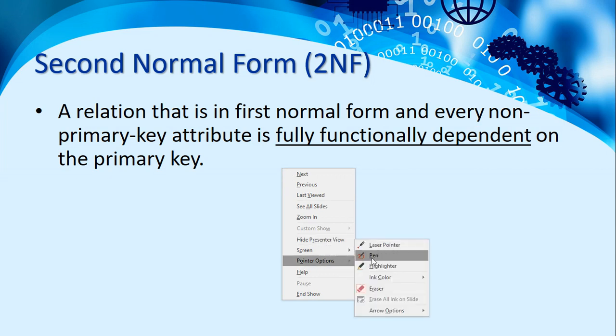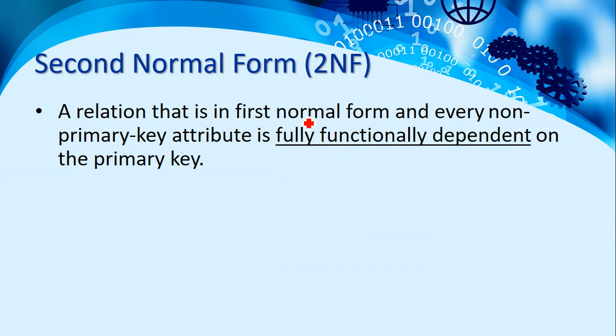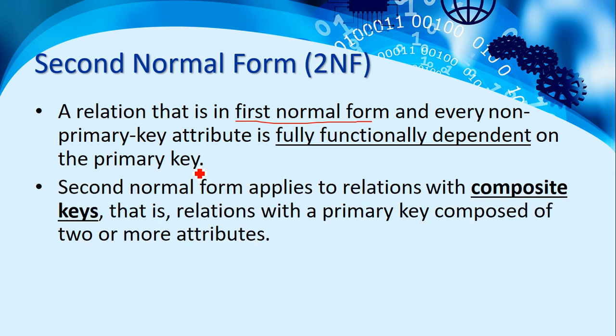Okay? So this is how you're going to test if yung table mo is na-achieve na niya itong second normal form. That is kung first normal form siya, tsaka yung every non-primary key attribute is fully functionally dependent on the primary key. Okay?